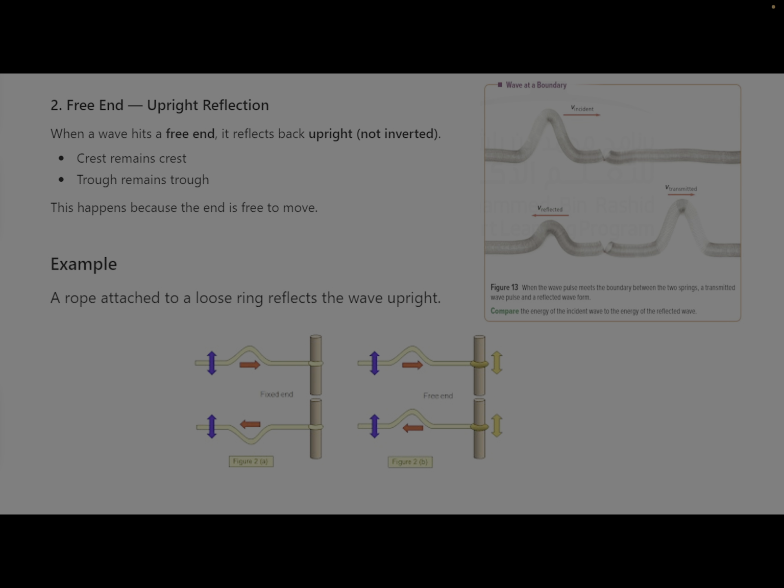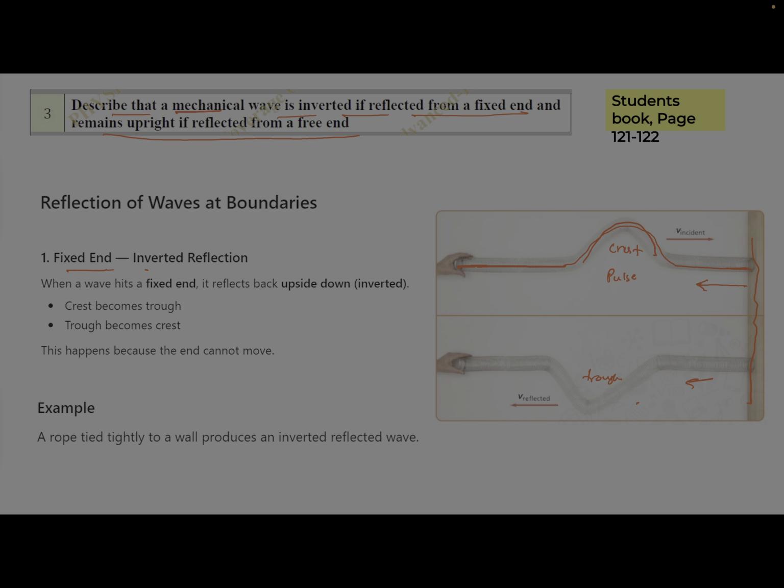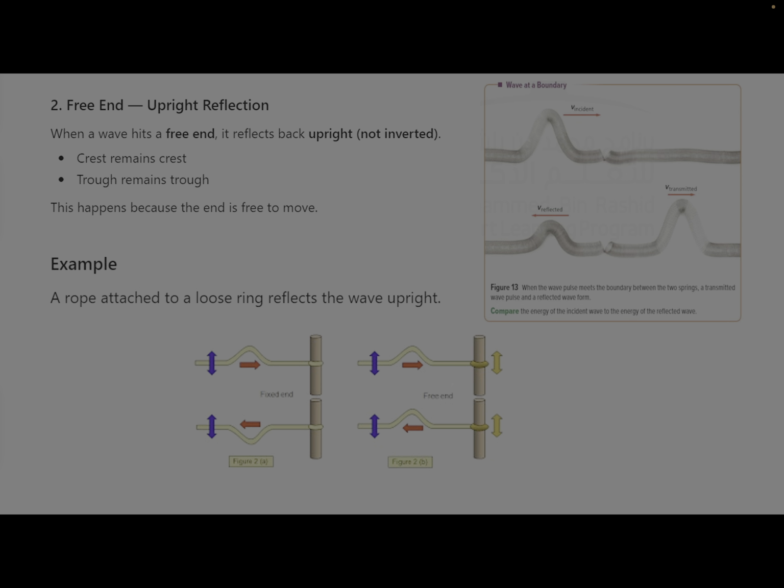So, free end and upright reflection. The first was fixed end, inverted reflection. The second is free end, upright reflection. What does it mean? Here the wave is going like this, and here it is not fixed, so some of it gets reflected and some gets transmitted. After reflection, it will be in the same position.